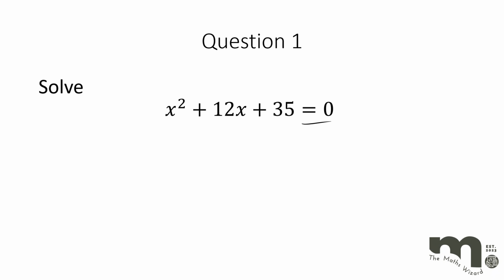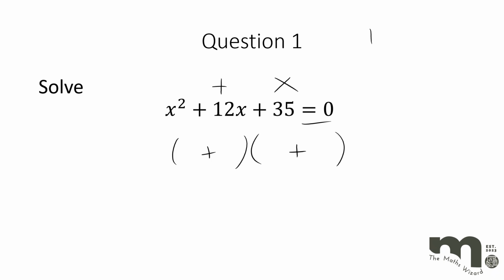So if we take a little look at this then. Remember, this is going to be double brackets. Now if there's an addition all the way along, they're going to be additions in each bracket. So if we look at 35 on the end, we need two numbers which multiply to make 35. The same two numbers must add together to make 12.